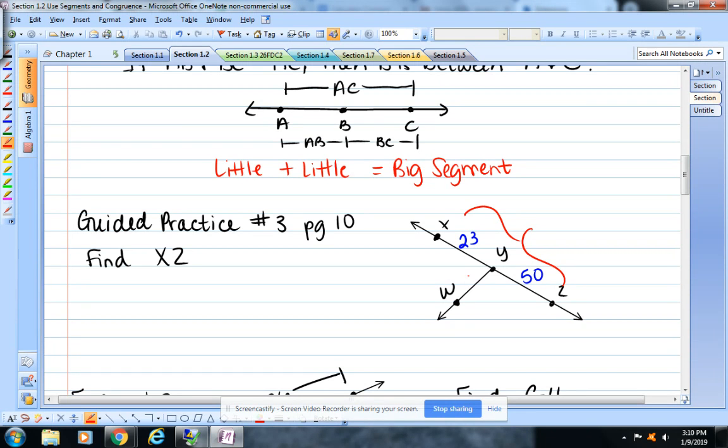So if I want to find XZ, that's the large one, it's going to be the same as the length of XY plus the length of segment YZ. The length of XY is 23 units, the length of YZ is 50 units, so if I add them together, the length of XZ will be 23 plus 50, which is 73 units.